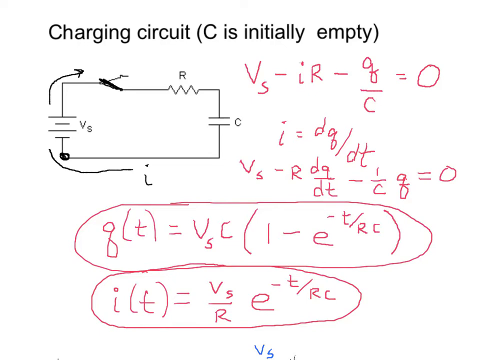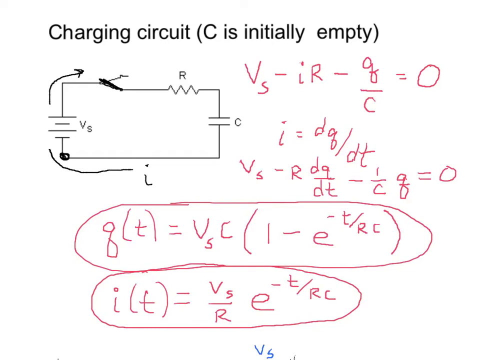It might be a good exercise if you want to practice your calculus a little bit to prove to yourself that Q of t is actually a proper solution to that equation above, and that I of t is indeed the derivative of Q of t. You can trust me on this, and you can find these equations pretty much anywhere, including your textbook, or some form similar to it.